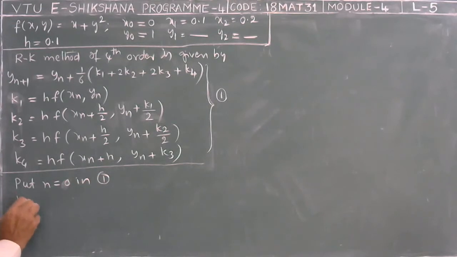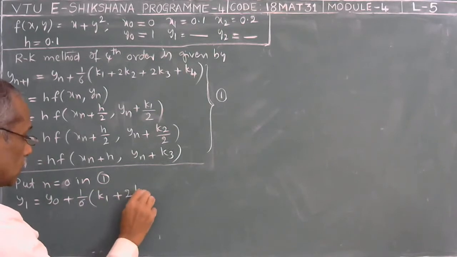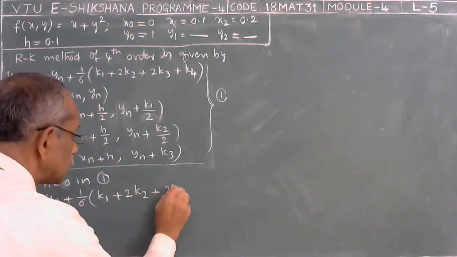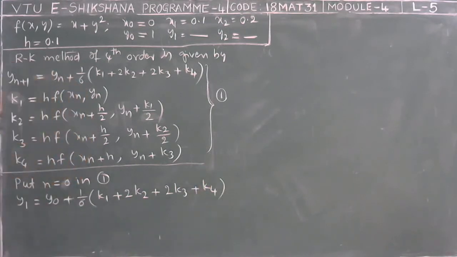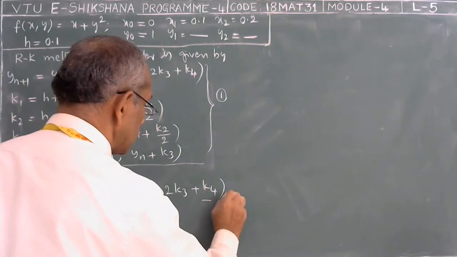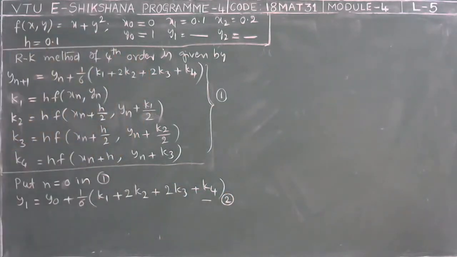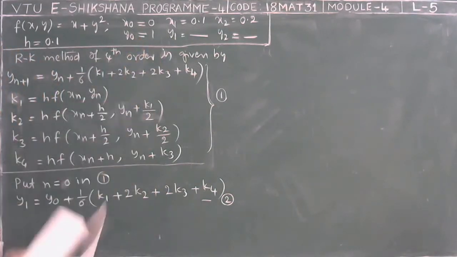So I get y1 is equal to y0 plus 1 by 6 into k1 plus 2 k2 plus 2 k3 plus k4. Let me call this equation number 2. I need to calculate these k's and substitute in 2 to get y1.